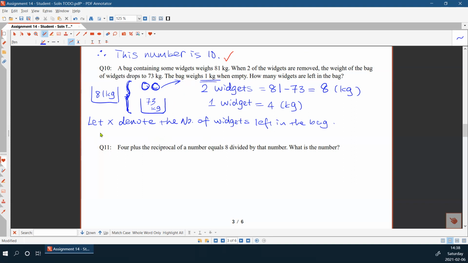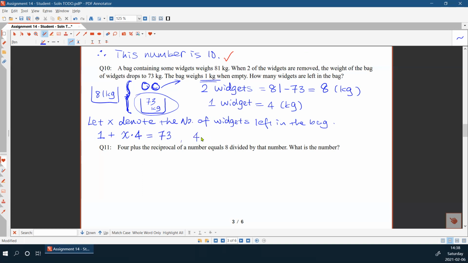So here, the weight of the bag plus the number of wedges left in the bag times the weight of each wedge should be your current weight of the whole bag, right? Should be 73, correct? So this is our equation here. And then from this linear equation, we can find our x.